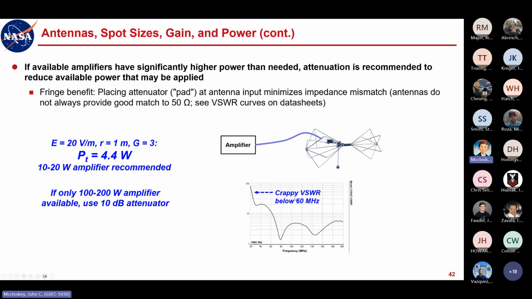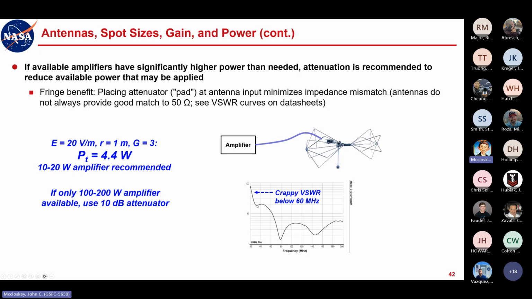Maybe I should have put worse. But I believe this is numeric, and the VISWR is above 10, and we said 1 is the ideal. One means you got a perfect match to 50 ohms. So below 60 megahertz, this thing has a VISWR of over 10, and it's pushing 100 down at 20.